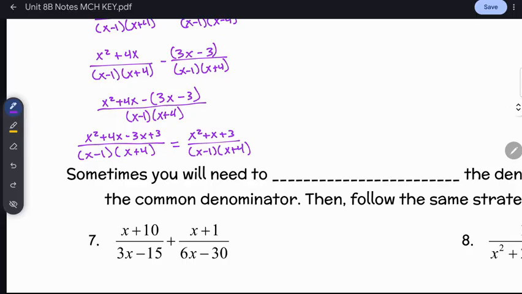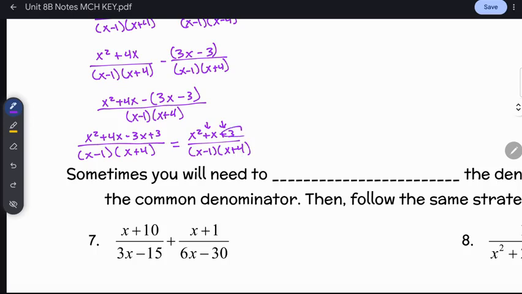So now what we could potentially do is factor this numerator and look for places that we might be able to cancel. If I were to do that, this would be the same in my binomial pair, and this would mean that they're both positive.